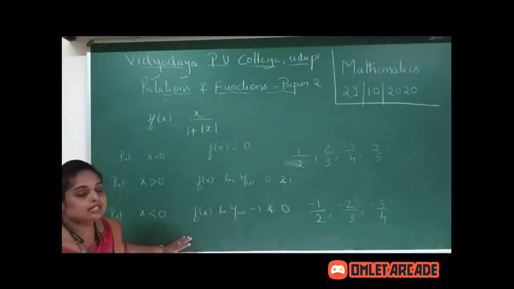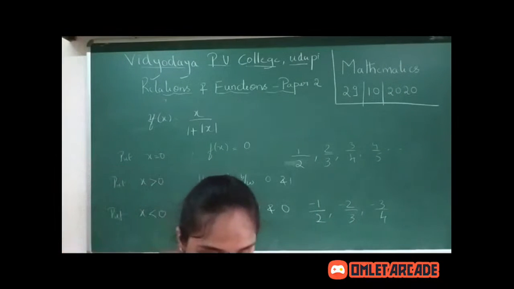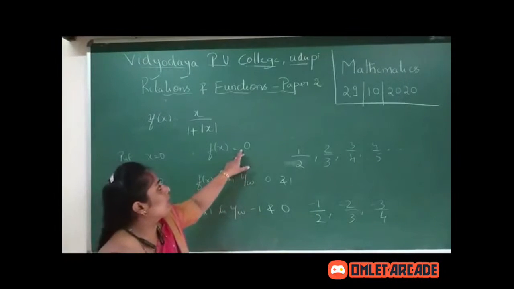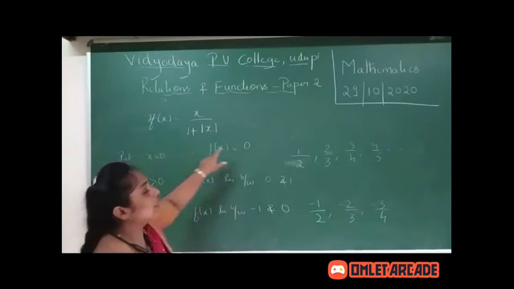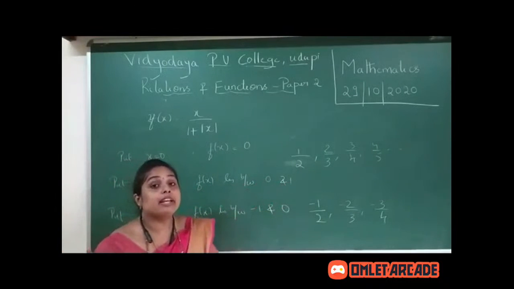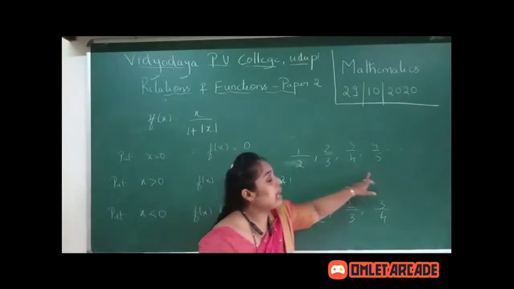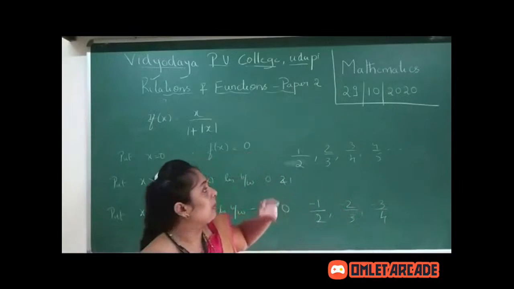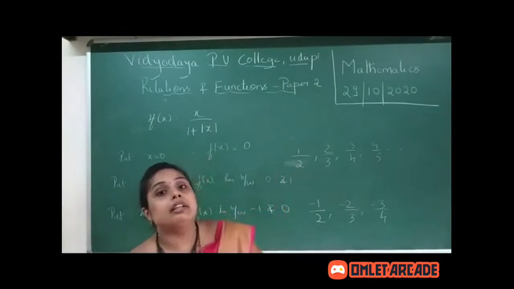So looking at this, look at the options now. When x is 0, the value is 0. When x is positive, the value is between 0 and 1, but I never get 1, because the denominator is 1 greater than the numerator.